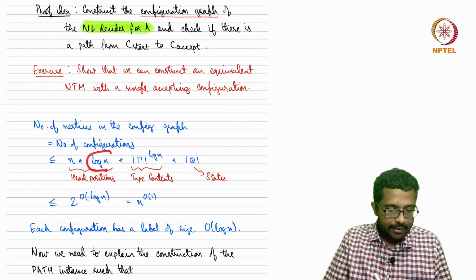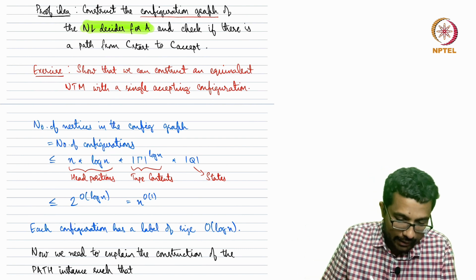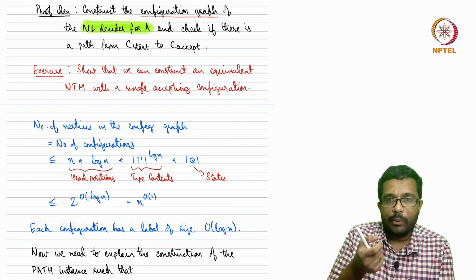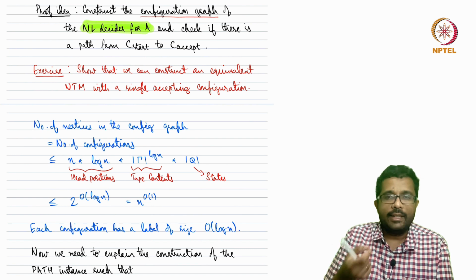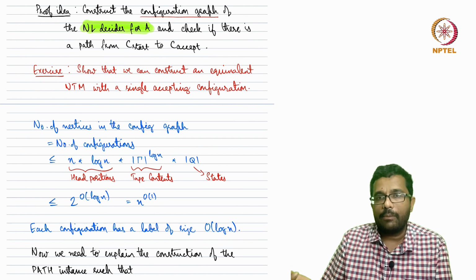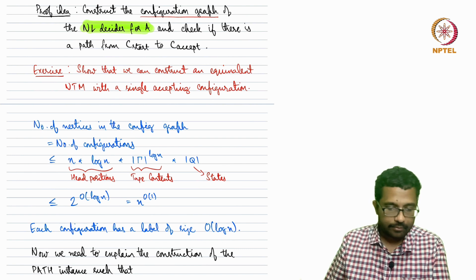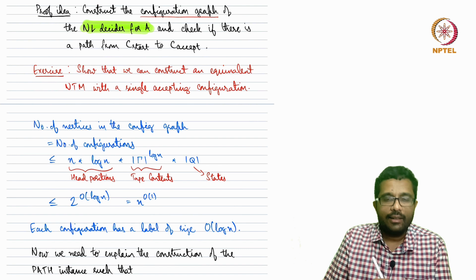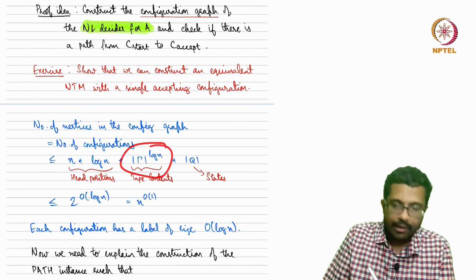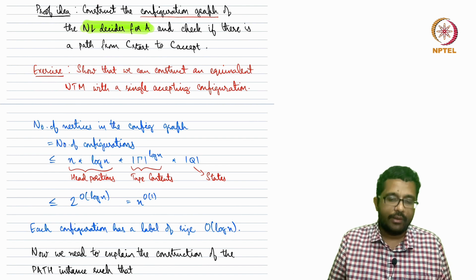The work tape has space log n, so log n possible head positions. Then the work tape contents can change; the input tape is fixed. So each cell could have any of the gamma possible symbols, where gamma is the tape alphabet. So the number of work tape contents is gamma to the power log n, right?